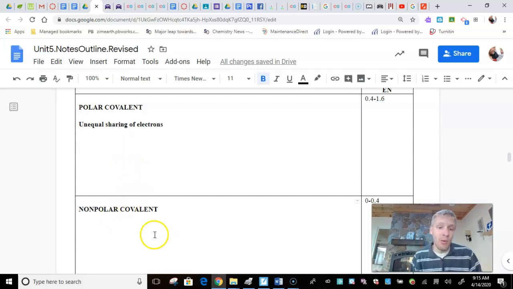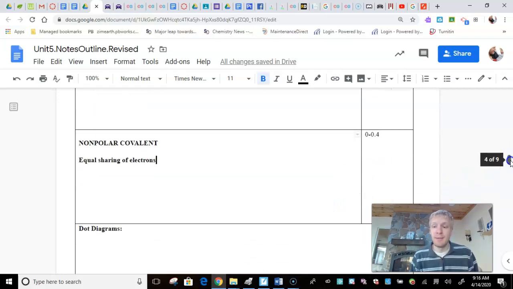Going to nonpolar covalent, this one is the opposite. It's equal sharing of electrons. This would be if you had twins. They both have equal strength, so they're going to duke it out and eventually be playing with the toys around the same amount of time. Equal sharing of electrons is nonpolar. It has to do with that difference in electronegativity is relatively minimal, small.